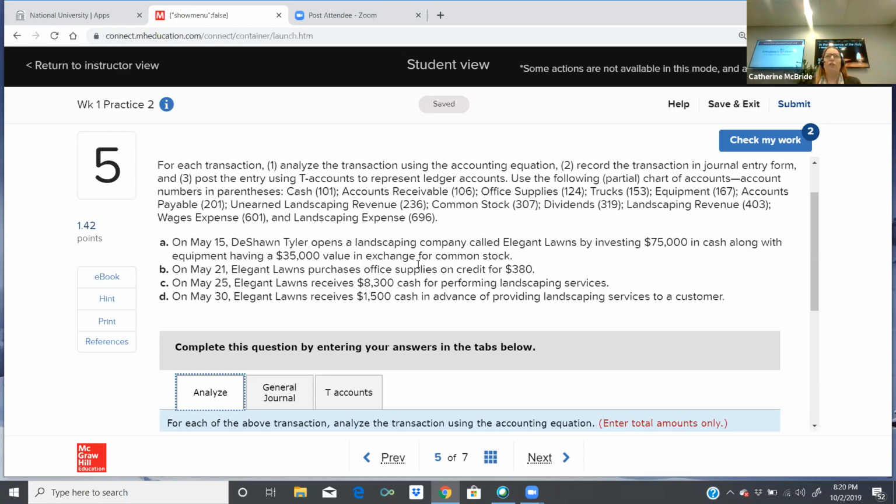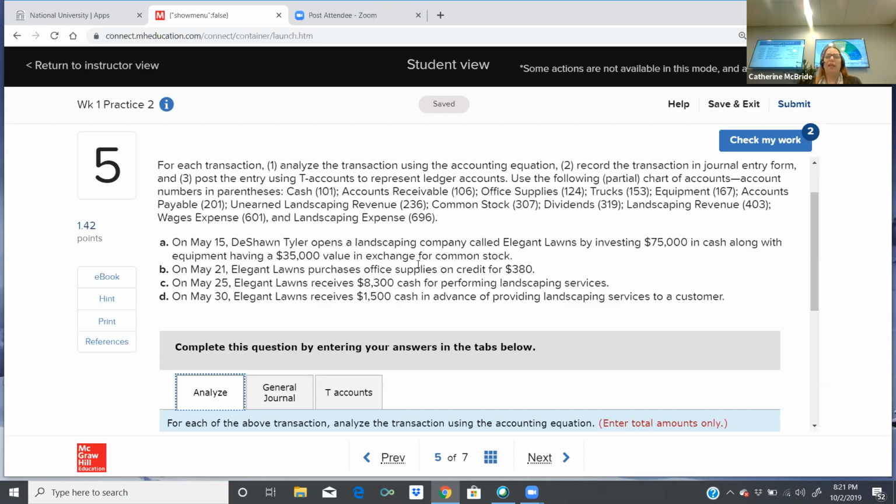Did cash increase or decrease? Yeah, it increased. We have a $1,500 check. What about unearned revenue? Did unearned revenue increase or decrease? It also increased because we owe more now than we did.